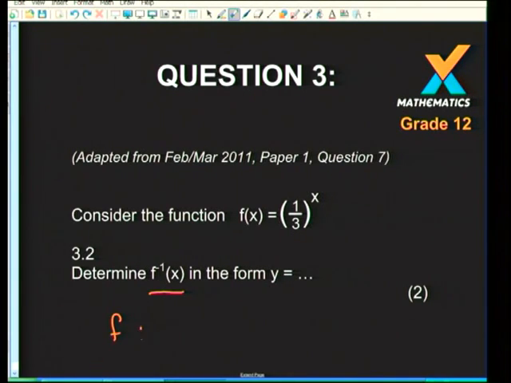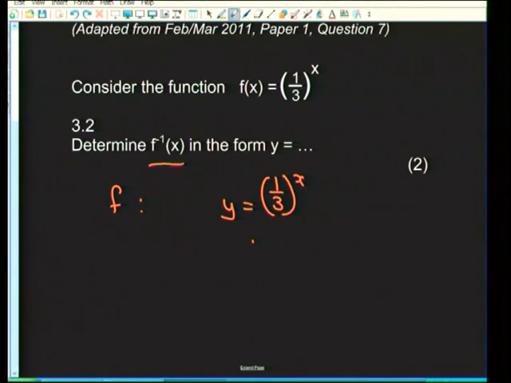So what do I know? I know that f was the graph of y equals 1/3 to the x. So if I'm going to do the inverse, f to the minus 1, I must swap the x and the y around because it's the reflection in the line y equals x. Now the moment I do that, if I want it in y form, I have to change it to a log. So you can see these are two different exam papers.